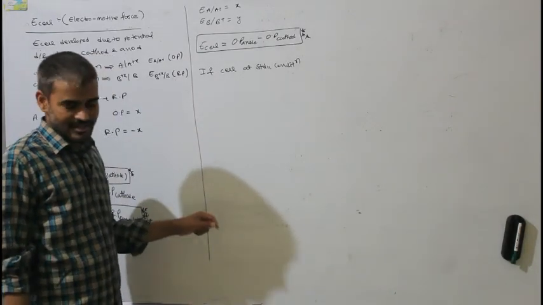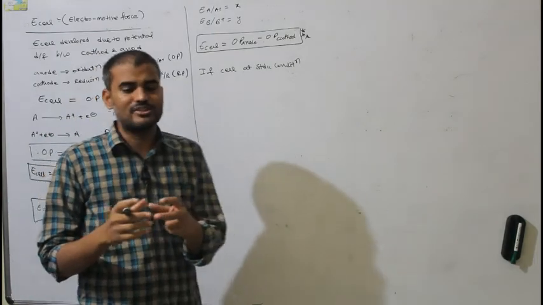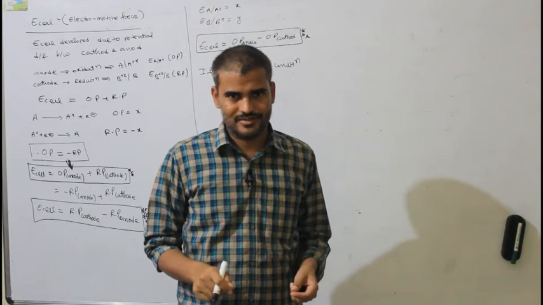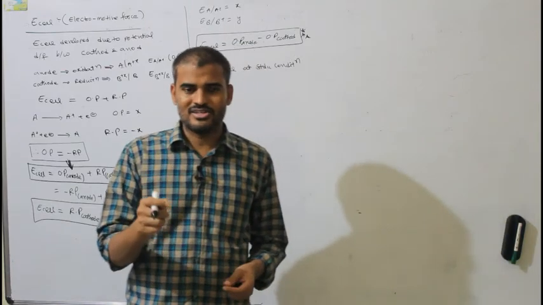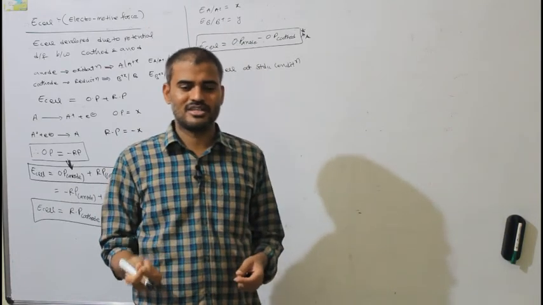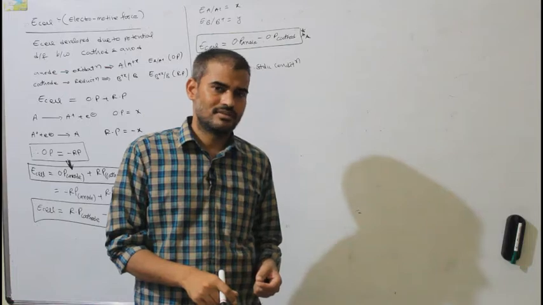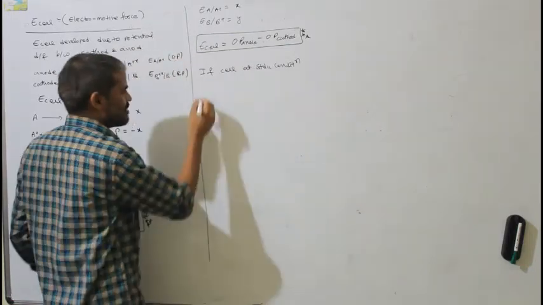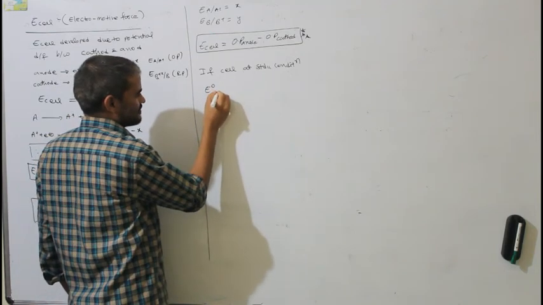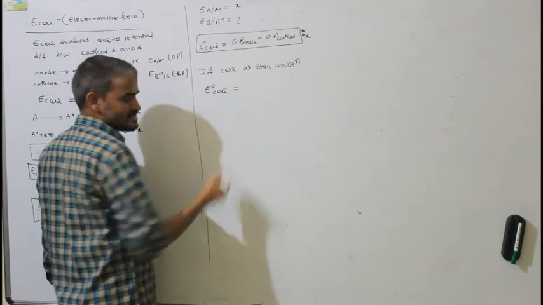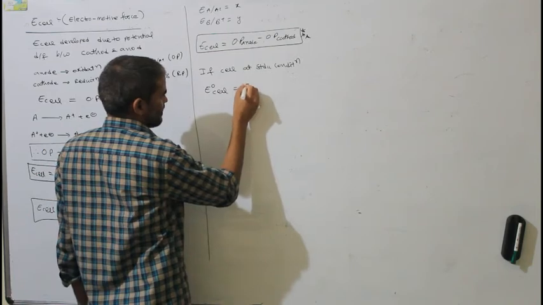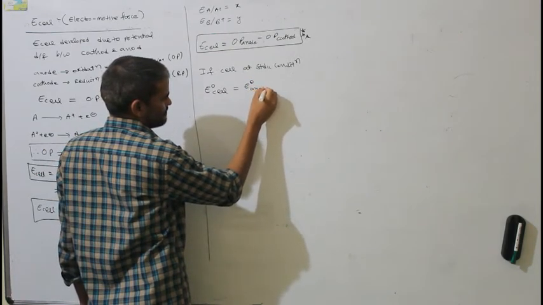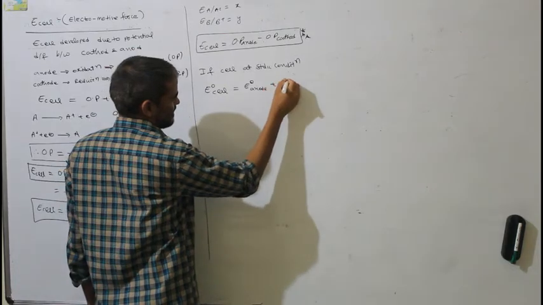At standard condition, the potential difference between two electrodes will be called the standard cell potential. Cell potential, standard cell potential. Electrode potential, standard electrode potential. The difference is only that we put a naught. So here, EMF will be denoted as E naught cell. So E naught cell is equal to E naught anode plus E naught cathode.